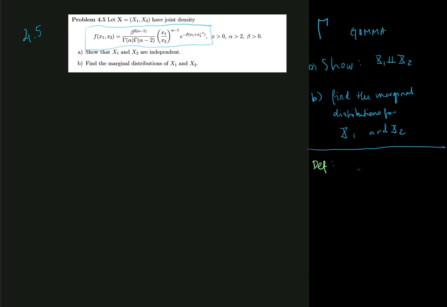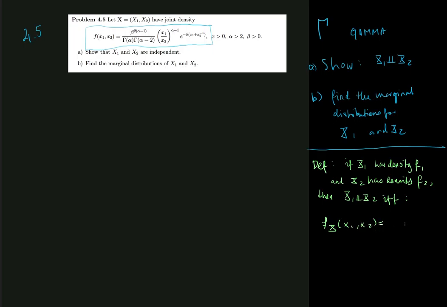when x1 and x2 have densities, so if x1 has density f1, and if x2 has density f2, then x1 and x2 are independent if and only if the simultaneous distribution has a density that can be split up into the product of the marginal densities.